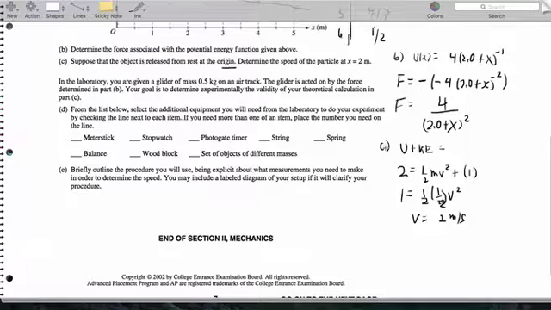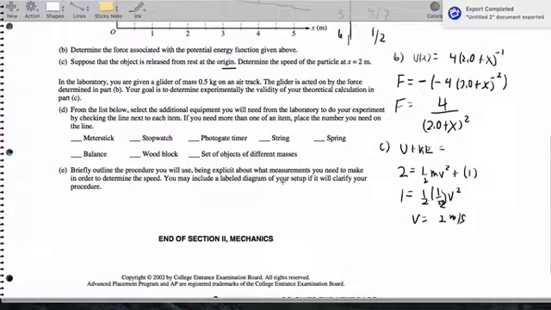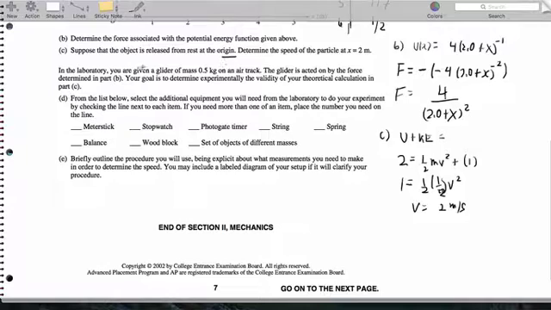Now it says we're given a glider. The glider is acted on by the force determined in part B. We want to determine the validity of our theoretical calculation in part C. So basically, we just want to figure out what the speed is going to be when the particle is at 2. So let's just see. We got a glider on an air track, and somehow the force is acting on it.